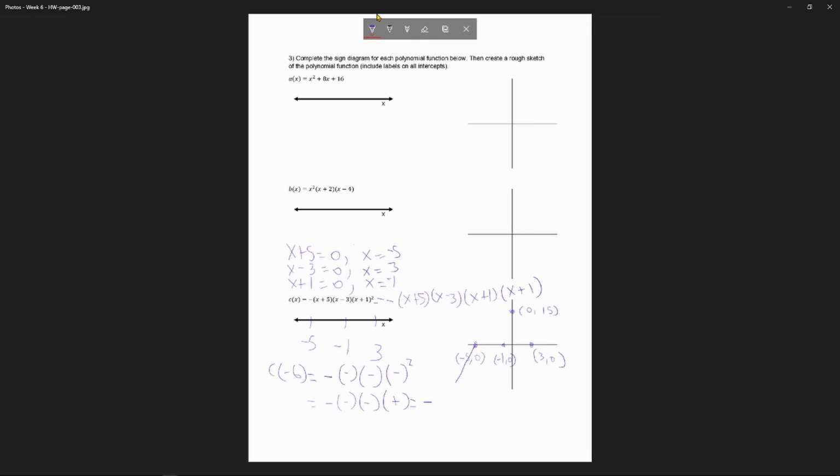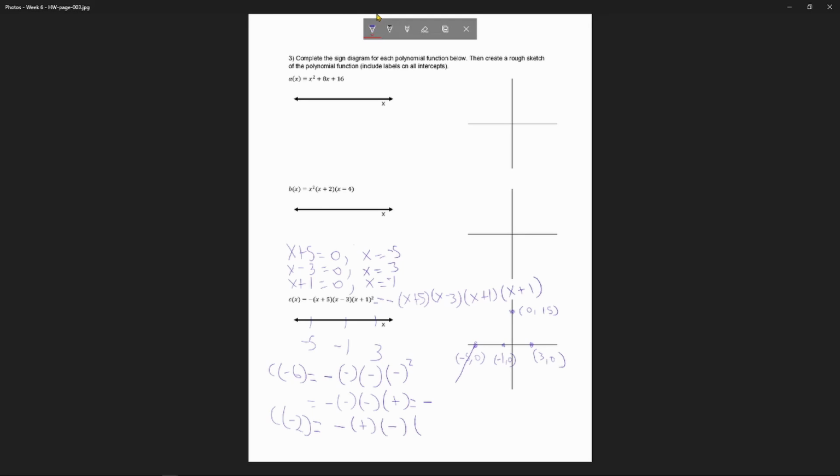So next we can take a value in between -5 and -1, and we'll just do -2. It really doesn't matter which one you choose, as long as it's in between those two x values. So -2 would give us a negative on the outside. -2 plus 5 is a positive. -2 minus 3 is a negative.